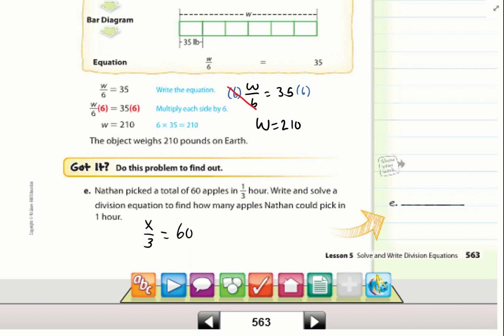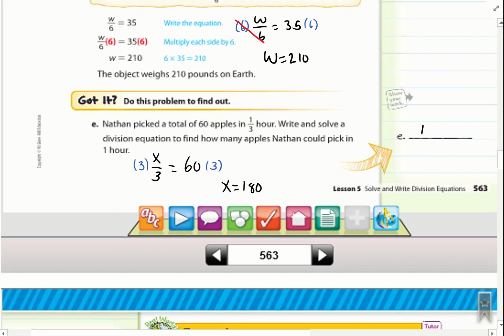If I multiply 3 on each side, we are going to get 180 apples in 1 hour.